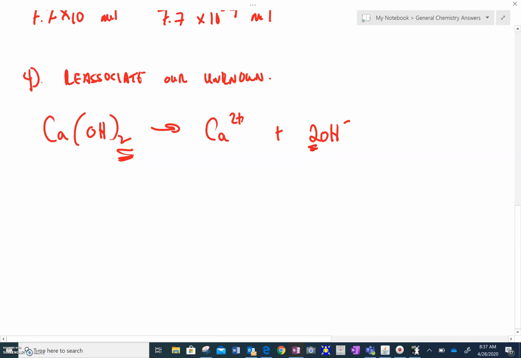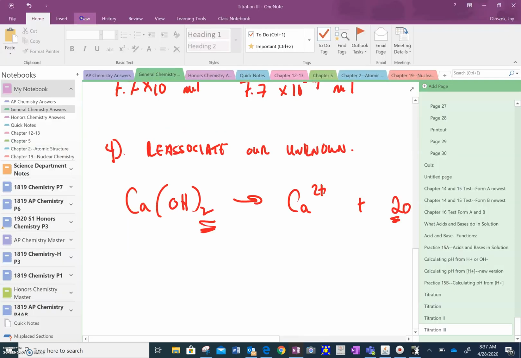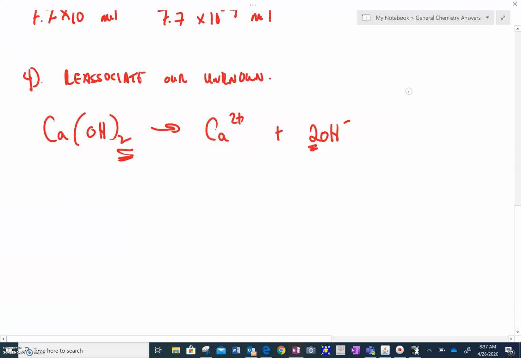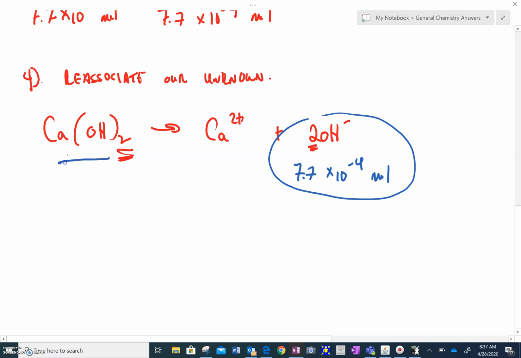All right. We already know, I'm changing colors so you know that this is serious, we already know that we have 7.7 times 10 to the negative 4 moles of hydroxide. We already know this. So we're trying to find this, which means we're going this way.